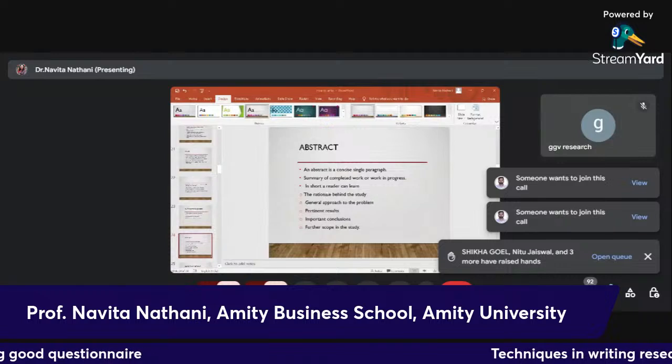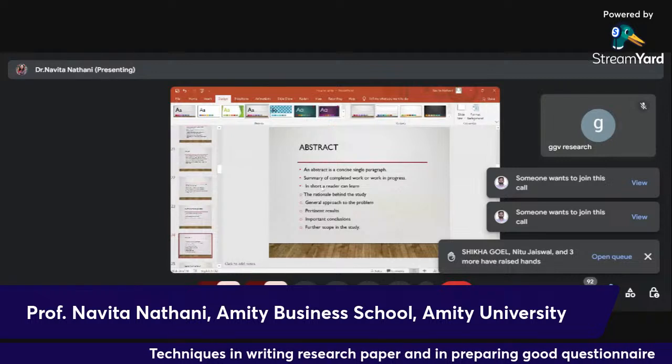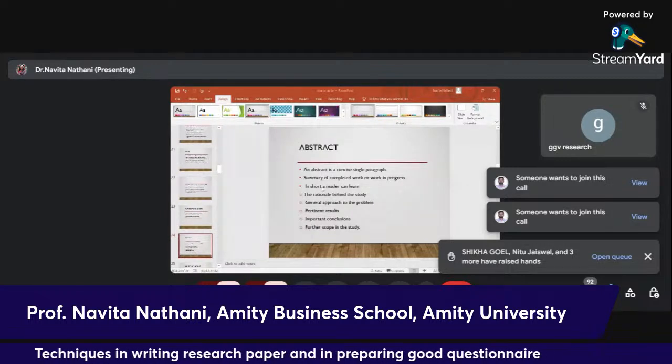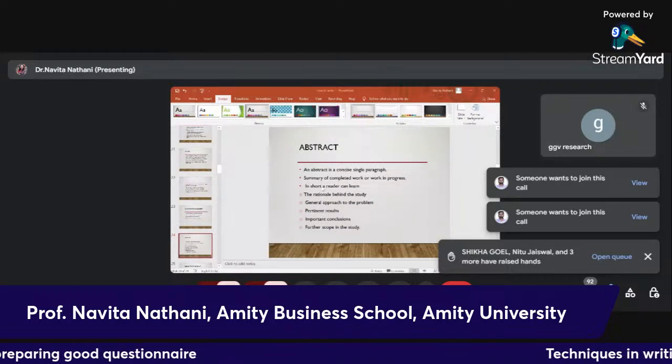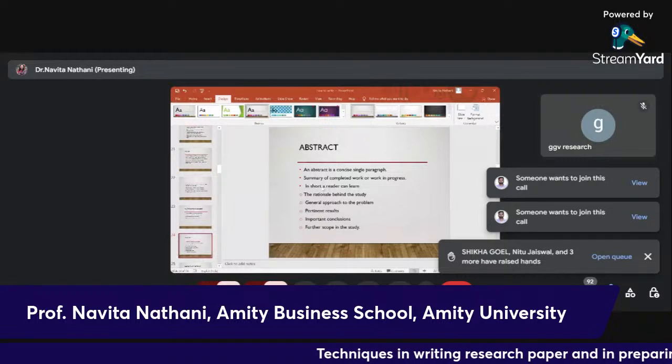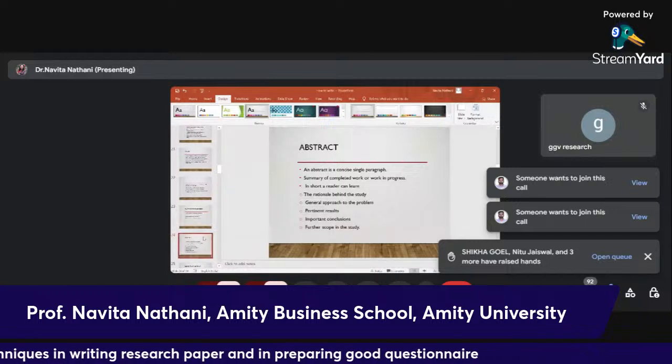The abstract cannot be completed if you are not writing the research methodology part and the findings part in it. So once you are clear with the whole paper, this is the gist or the summary of your paper which you write in the abstract part. So I'm coming to the next part where I have shown you the elements.